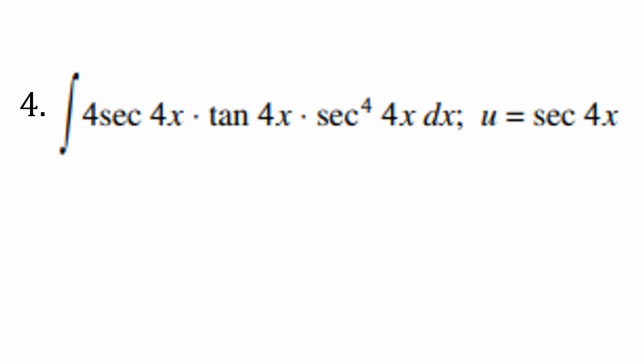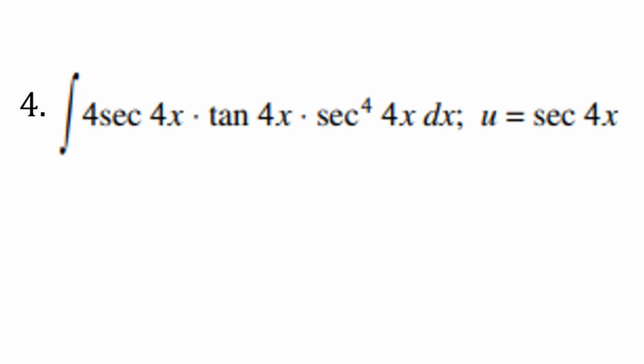Number 4. So this time, you're going to apply what you have learned from the derivative of trigonometric functions. So now we have the integral of 4 secant 4x times tangent 4x times secant raised to 4 of 4x dx.